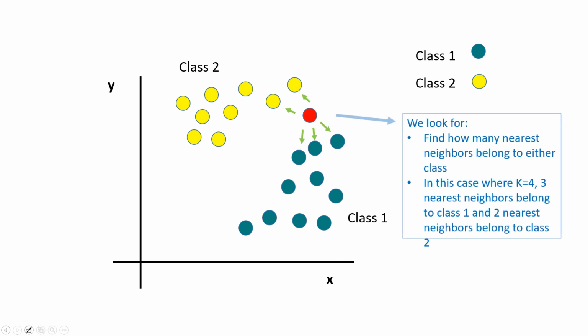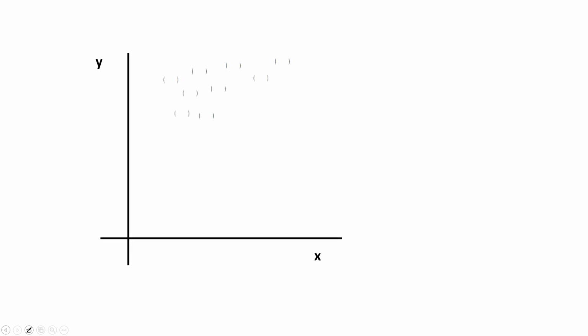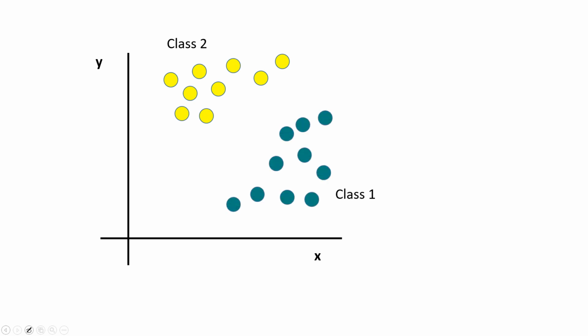So now the question is, how do we pick the class of our new point or cell? We simply choose the class which has the maximum number of votes. Here we are going to have a majority voting. So you can say that in KNN it's all democracy.